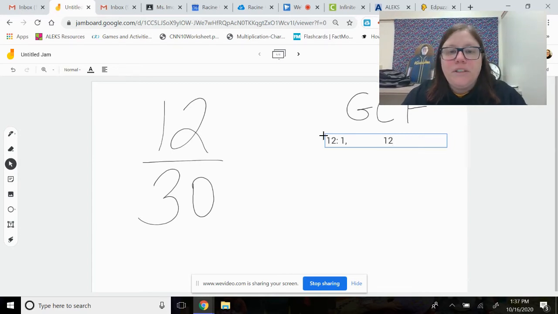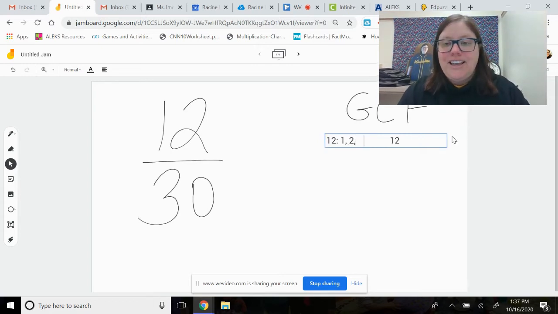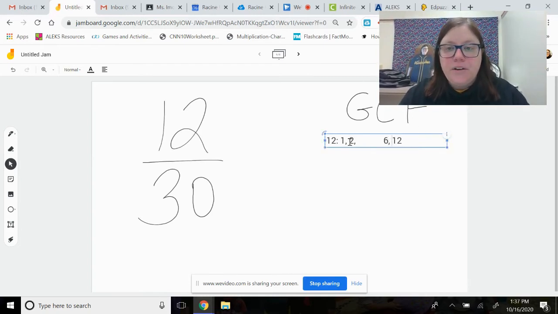I can multiply 1 times 12 to equal 12. I can also multiply 2 and 6. 2 times 6 equals 12. And lastly, I can do 3 times 4 to equal 12. So these are all of my factors of 12: 1, 2, 3, 4, 6, and 12. I can't multiply anything else to get there.